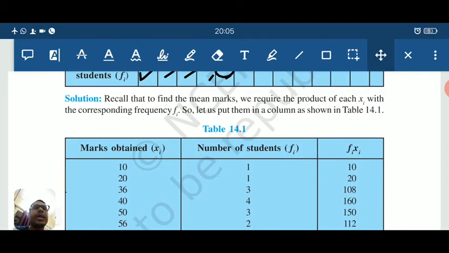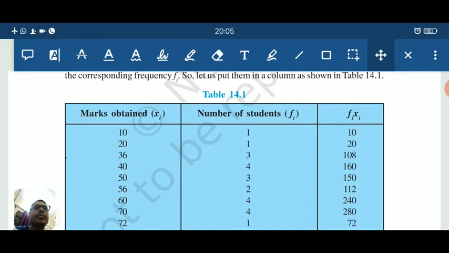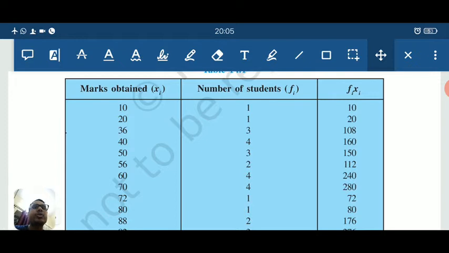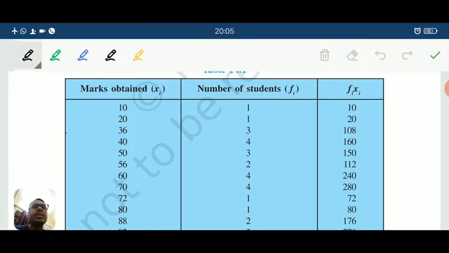First of all, we have to arrange it in a tabular format where we write the marks obtained and the number of students as per the given table. So what is fi xi? It's the total of the observations, isn't it? 10 marks is received by one student, so the total is 10.